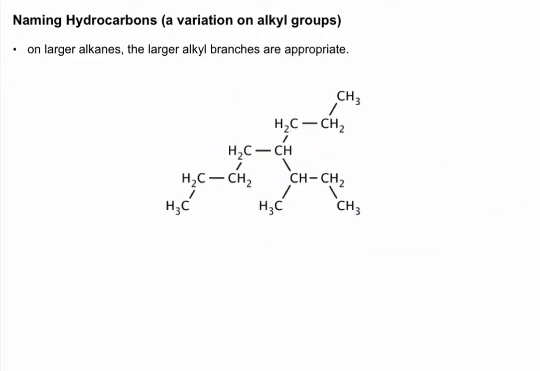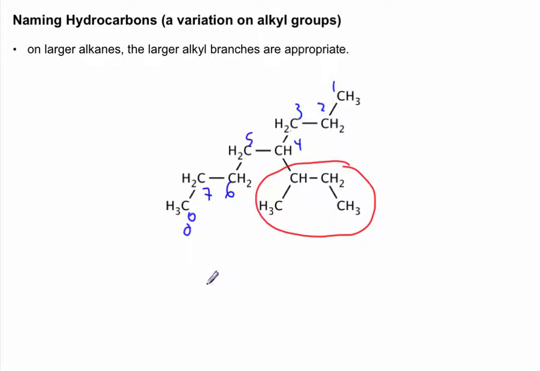It's much more common when you get larger, long branch alkanes or alkenes. Here's another example. Here's our longest continuous chain, 1, 2, 3, 4, 5, 6, 7, 8. So there's our longest chain. And on carbon 4, would you remember what that type of branch is? That's a sec-butyl branch.